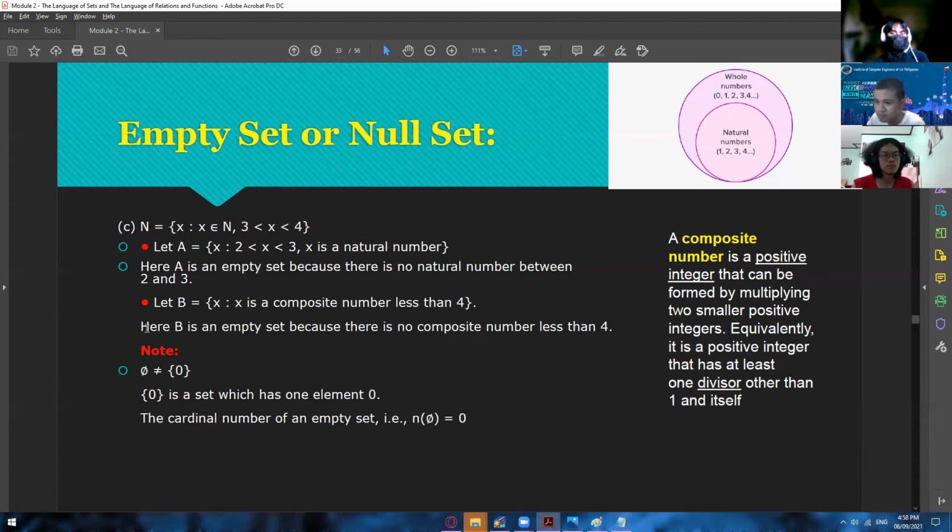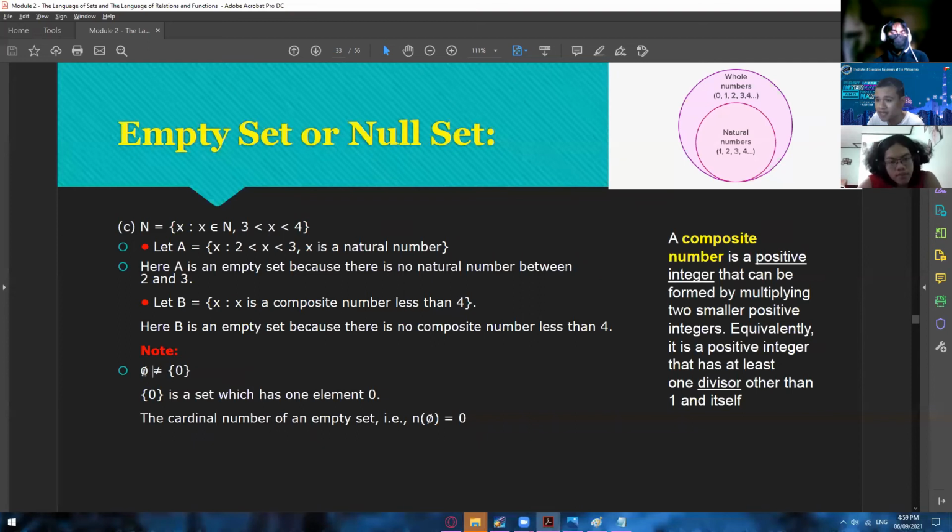As a result, this set B is an empty set because there is no composite number less than 4. So 2 and 3, we cannot form them since we have to multiply whole numbers. We cannot multiply 1.5 times 2 since 1.5 is not an integer. So that is a composite number.